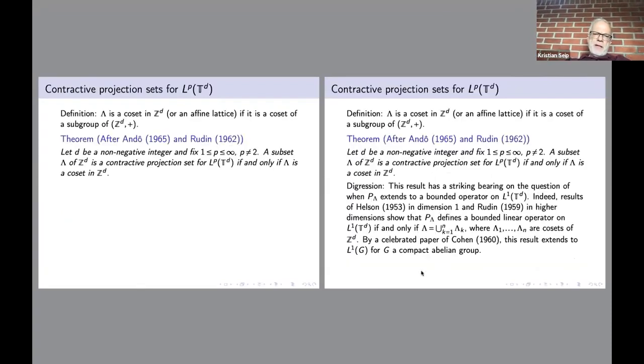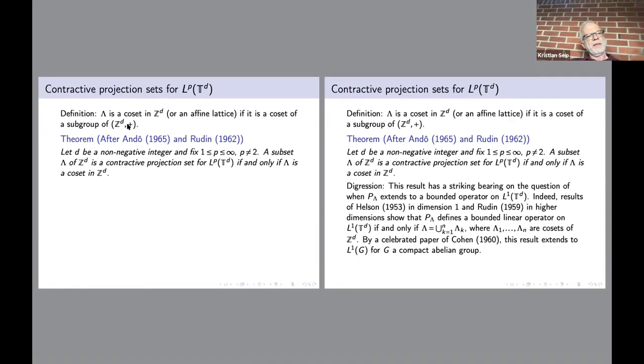Then I follow Rudin, and Rudin uses the following terminology. So we say that lambda is a coset in Z^d, I mean, remember Z^d is the integer lattice, or sometimes it's called an affine lattice if it is a coset of a subgroup of Z^d. So it just means that it is a subgroup shifted by some fixed vector.